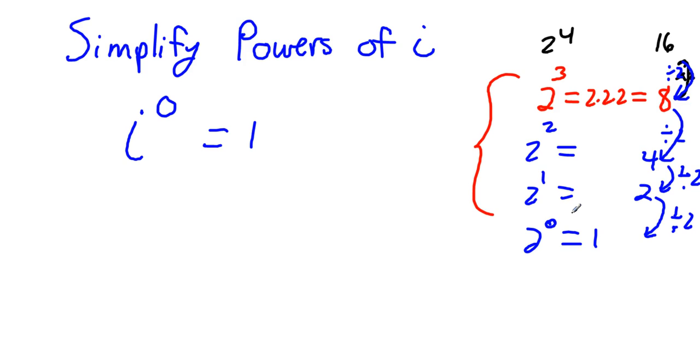Because, and I don't know if y'all were this way, but when I first saw the 0 power, I thought, well, that would be 0, right? Because it's a 0 power. But let's just say you had 3 to the 0 power. Let's say it was equal to 0. Thought process that you're moving up a power, multiply by 3, or if you move down a power, you divide by 3.